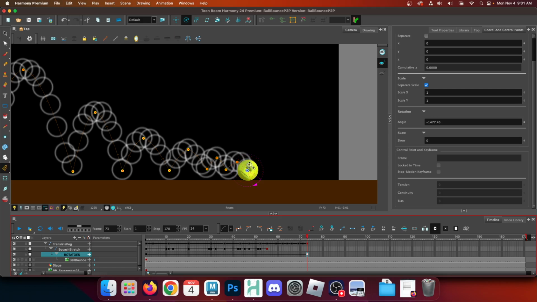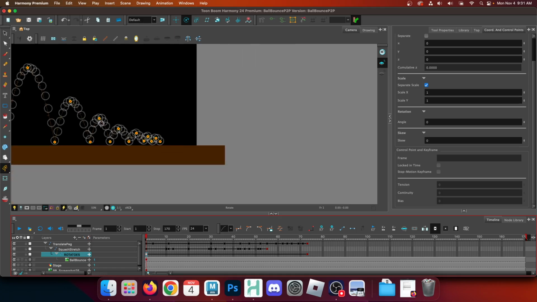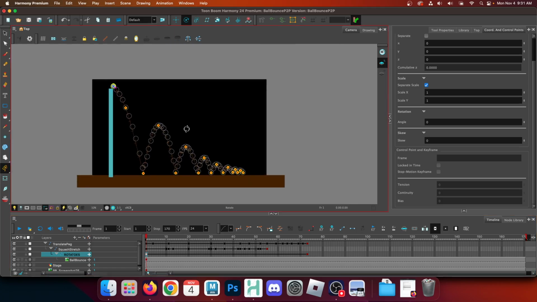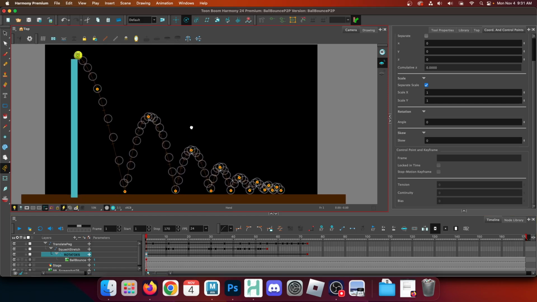You don't need to be technical. And then the big thing is you go back to the beginning, though, and just like we added our ease with our timing, our speed on the translate, we also want the rotation to drop off as the ball is bouncing less, when it has less angular momentum, right?